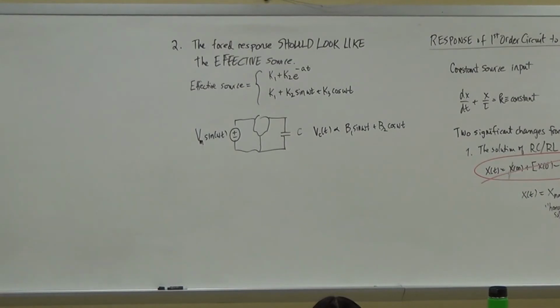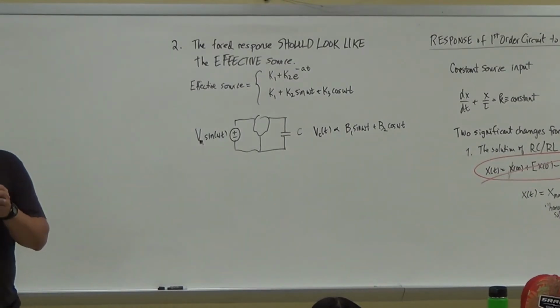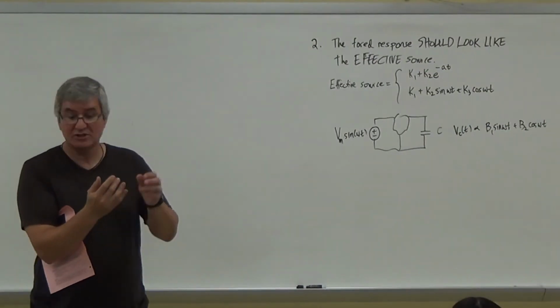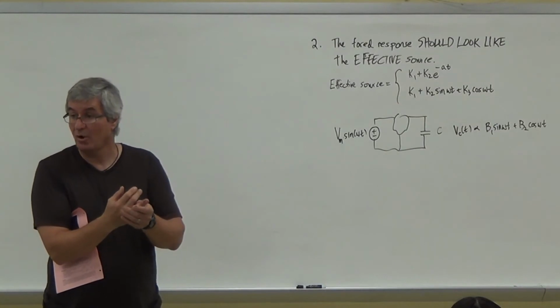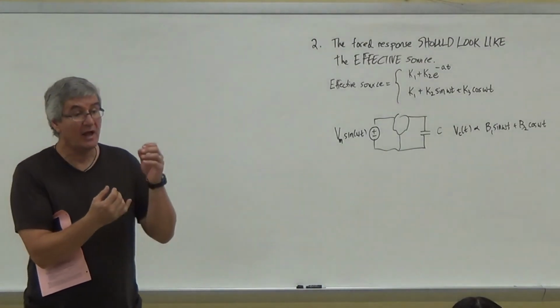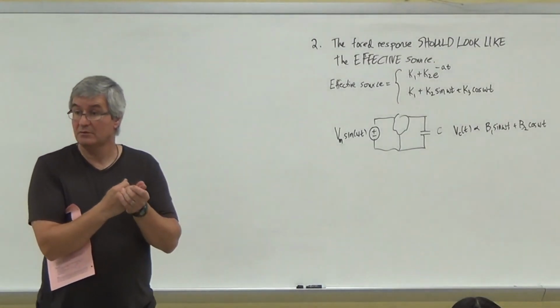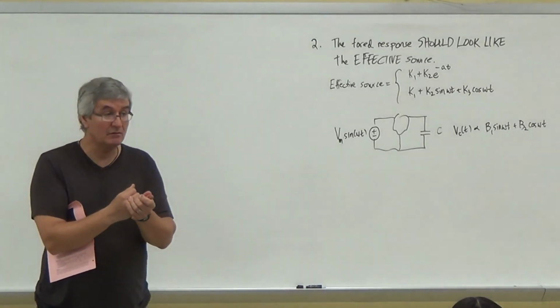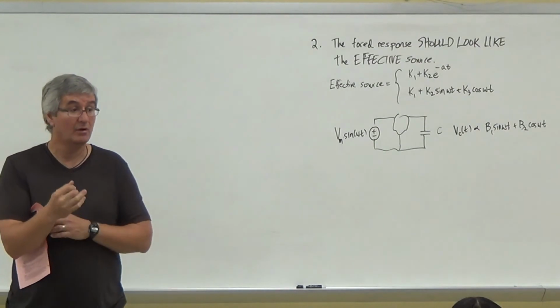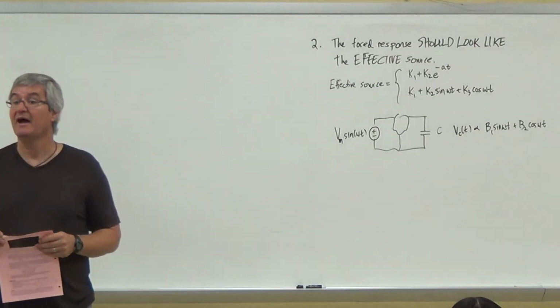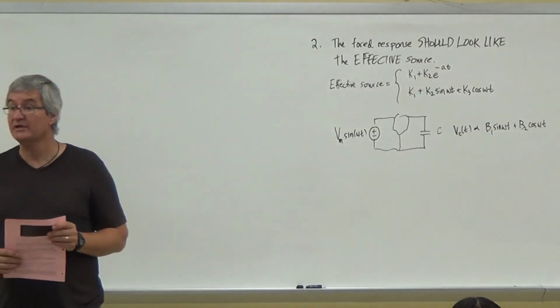If I have a capacitor, I'm going to have to connect two variables. I'm going to use either KVL or KCL to connect the current and the voltage of the capacitor, or the current and the voltage of the inductor. So I'm either using KCL, KVL, or a combination of the two. Once I have that, I'm going to have a first order equation.